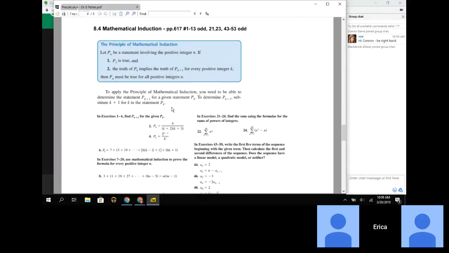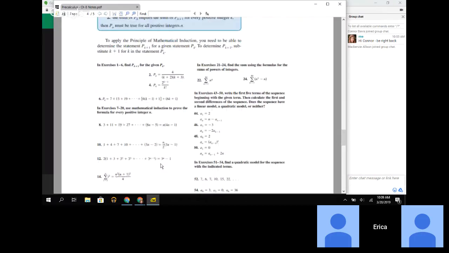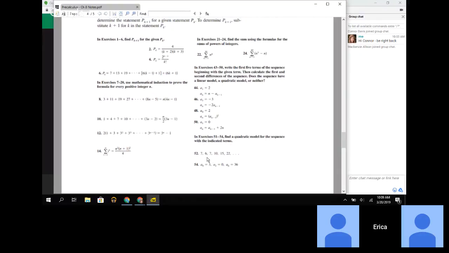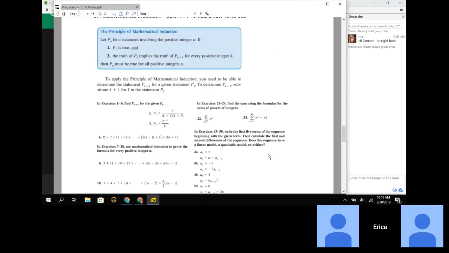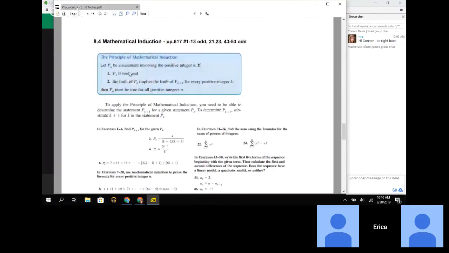Okay, so basically, in all of these places where we had some sequence of numbers, and we just assumed that the sequence kept going on forever and ever, this is a way of verifying it.